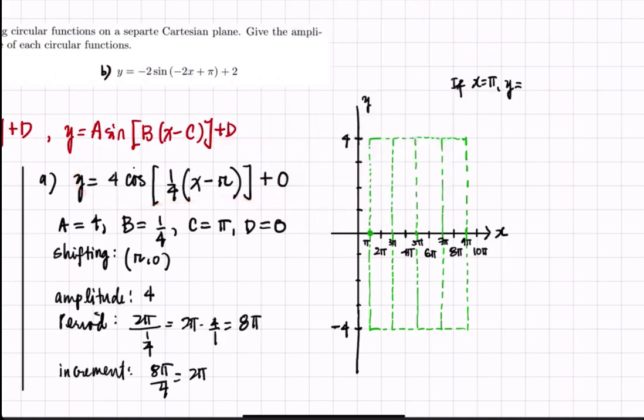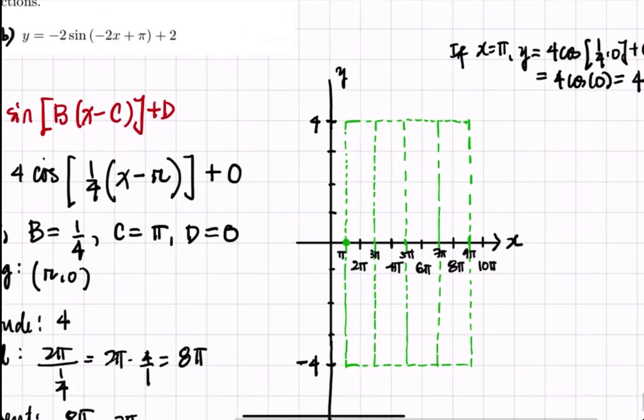So, y is 4 cosine 1/4 times 0 plus 0, which is 4 cosine 0, but cosine of 0 is 1. So it means when x is pi, y is 4.